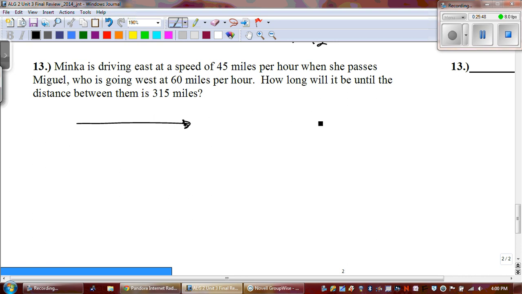We got Minka. There's her cool car. Remember that distance equals rate times time. We know that she's going at a speed of 45 miles per hour, so that's 45t.